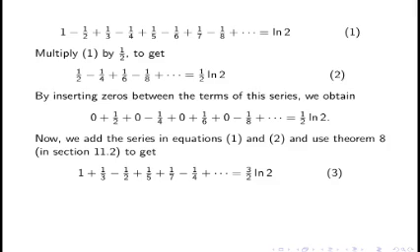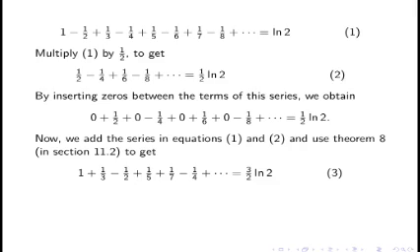Then the 1 over 5 plus 0 gives me a fifth. The negative 1/6 plus 1/6 gives me 0. The 1 over 7 stays there. The negative 1 over 8 from equation 1 and the negative 1 over 8 from equation 2 gives me negative 1 over 4, and so on.